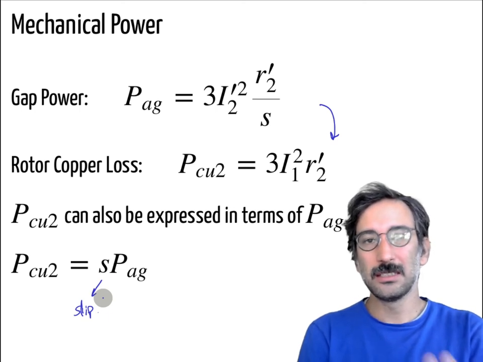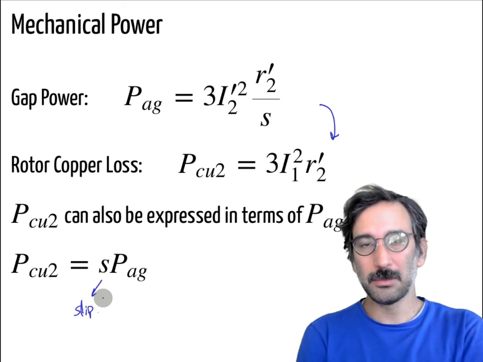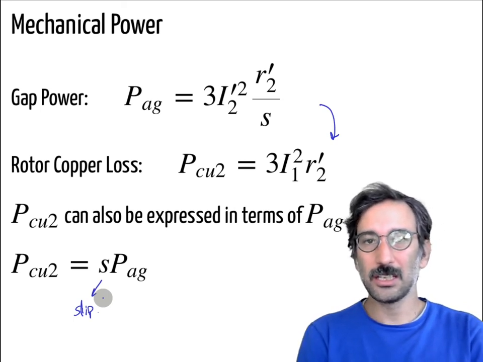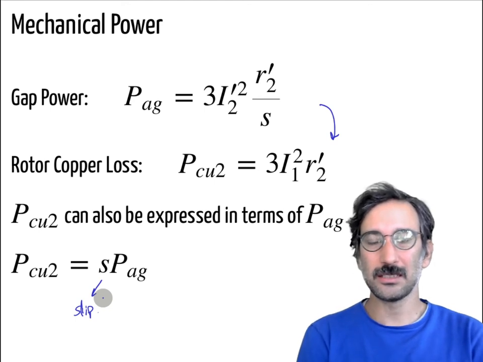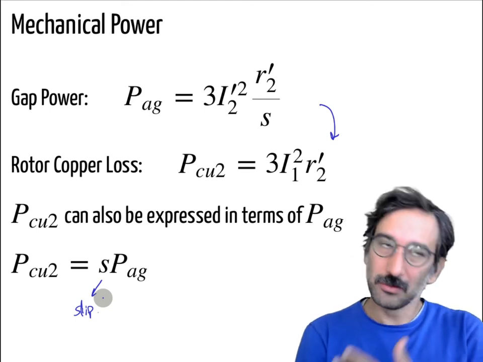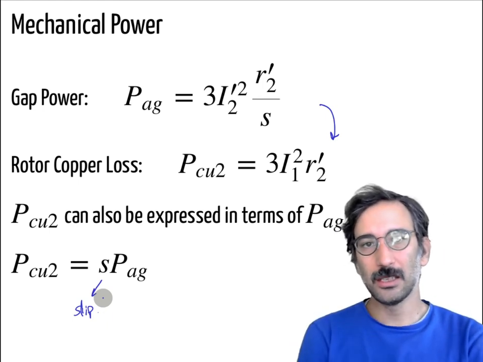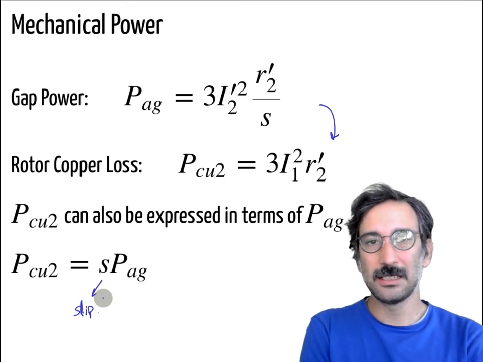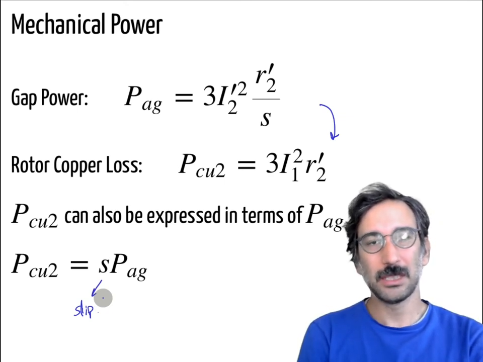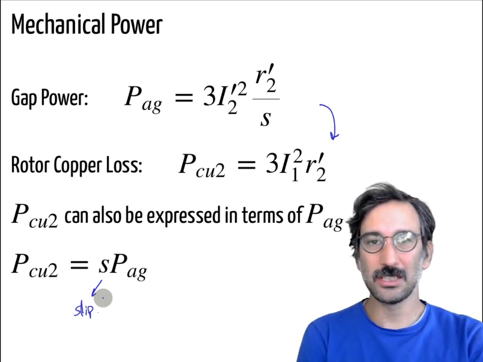However, if slip is 0.1, then 90% of that power is converted to mechanical energy, and only 10% of the air gap power is dissipated as heat. So you see, between air gap power and the mechanical power, the efficiency gets better as the slip gets smaller. But again, this is not the total induction machine's efficiency, because we have the stator components as well.